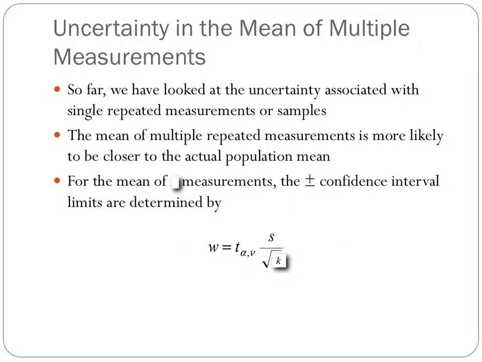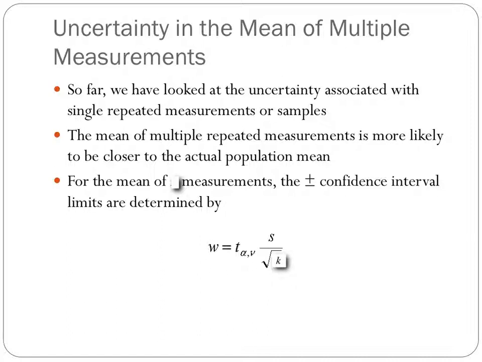Now so far we have looked only at the uncertainty associated with a single repeated measurement. That is, what are the bounds or the expected bounds if we take one additional sample from that population. Now we can improve or reduce the uncertainty if we were to take multiple repeated measurements from that population.